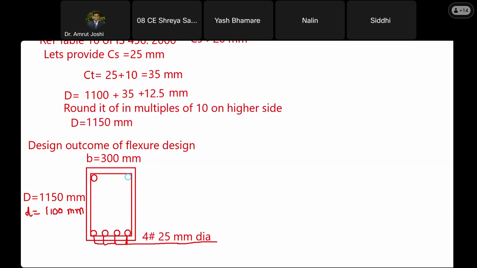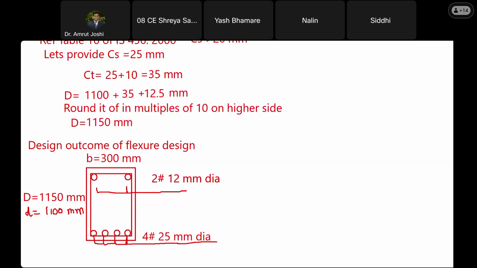So what is the minimum diameter of these anchor bars? It is 12 mm. So we will propose these bars are of 12 mm diameter. So two numbers of 12 mm dia bars.